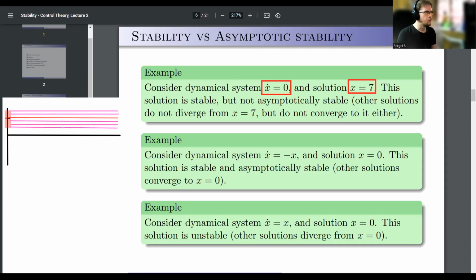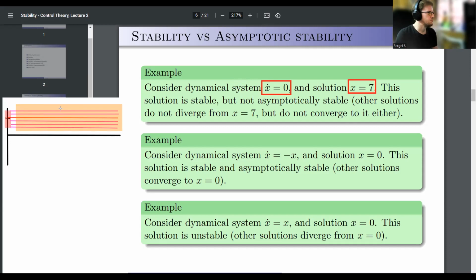Those are all possible solutions to example 1. And you can see that you can easily find an orange region like this, for example, where solutions do not exit from the pink region of initial conditions. All solutions go straight. You can just pick a slightly bigger orange region. Done. Nothing diverges out of the orange region. The system is stable.